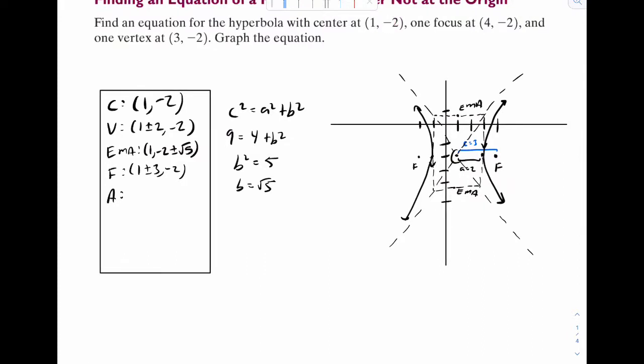The center is 1, negative 2, so I already know that's going to be y plus 2 is equal to something times x minus 1. For the slope, I need the rise and the run, so this rise is root 5, and the run is 2. So plus or minus root 5 over 2.